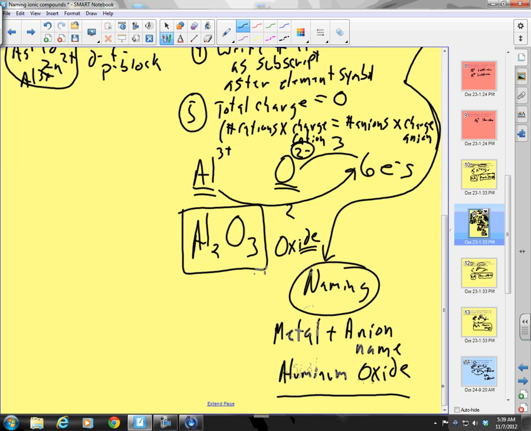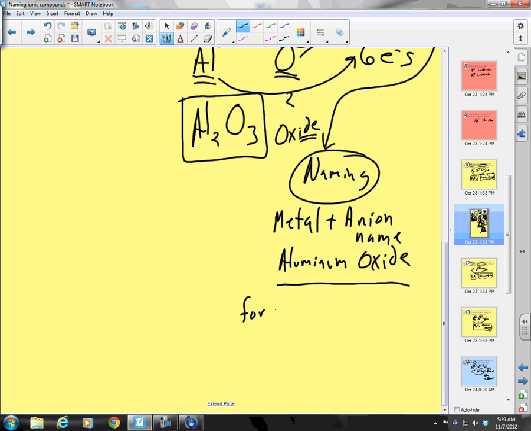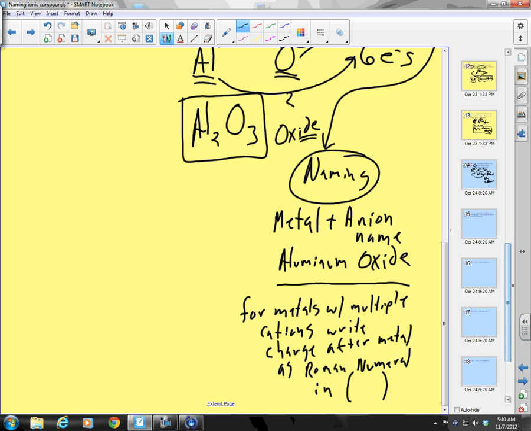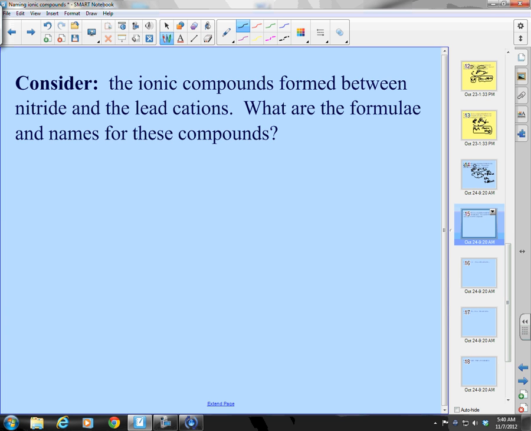In naming, for metals with multiple cations, write the charge after the metal as a Roman numeral in parentheses. Okay, that's just following the rules we used before in naming cations, right?